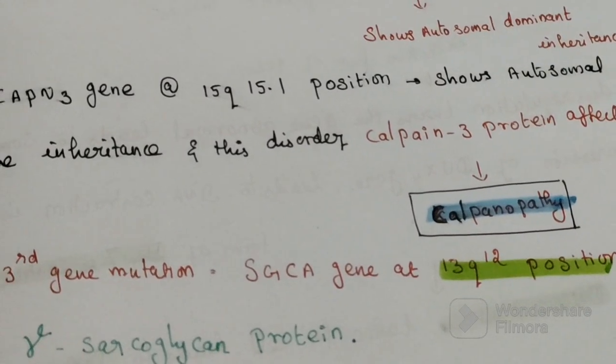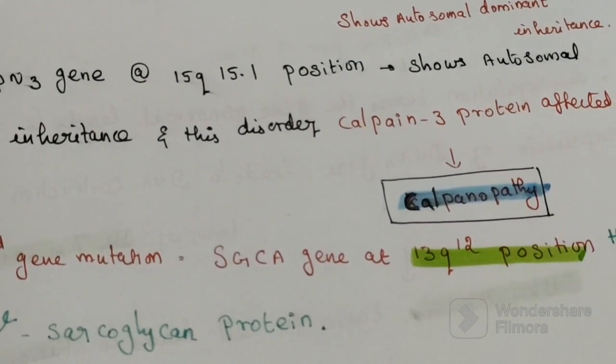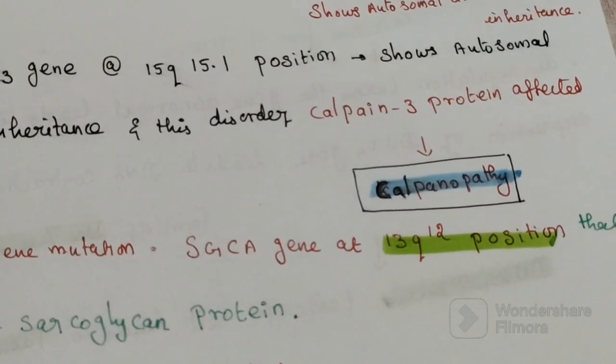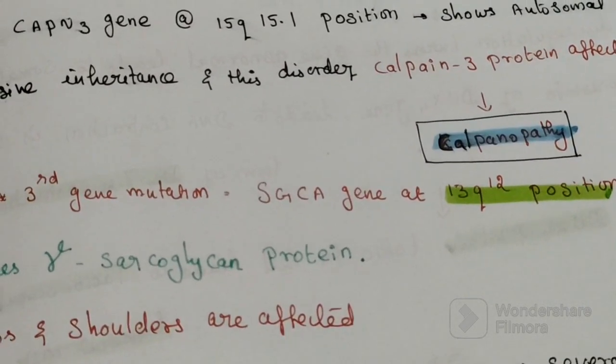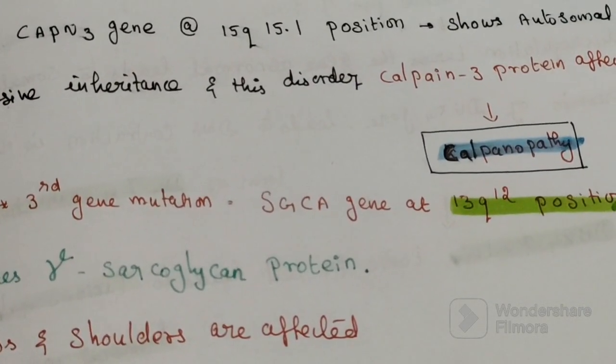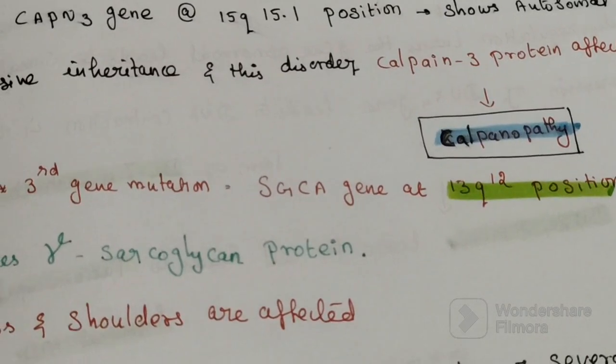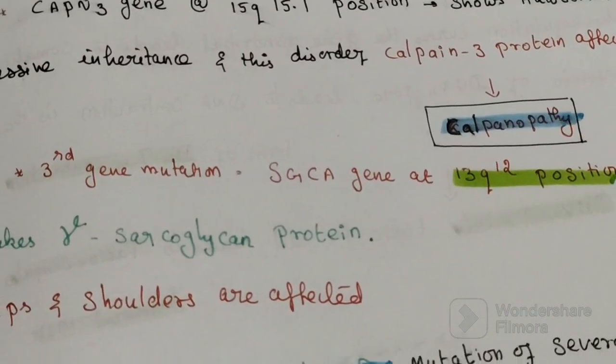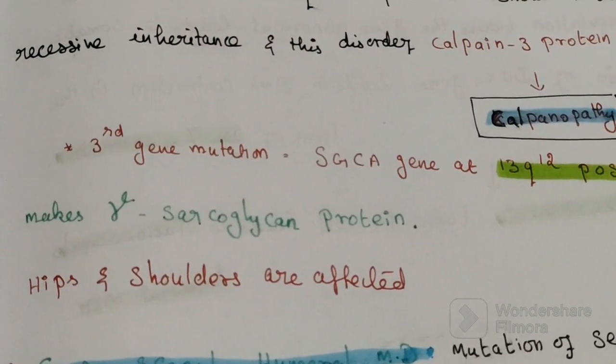Third gene, at 13q12 position, makes gamma sarcoglycan protein. So these will affect the hips and shoulders.